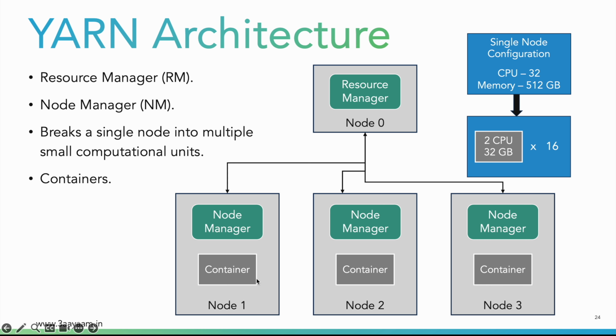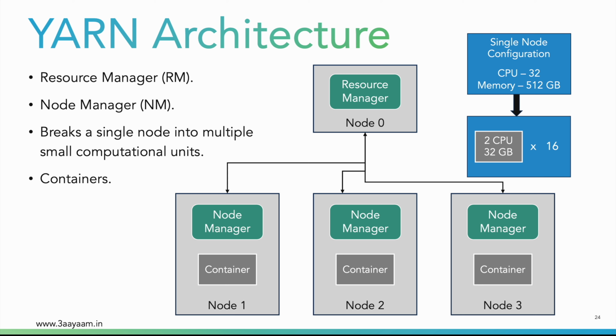So that's why the containers would be created in the compute nodes. Each container would be allocated 2 vCPUs and 32 GB of RAM. So you can imagine that each node would contain 16 such containers. And these are the small computational units that are created by YARN.